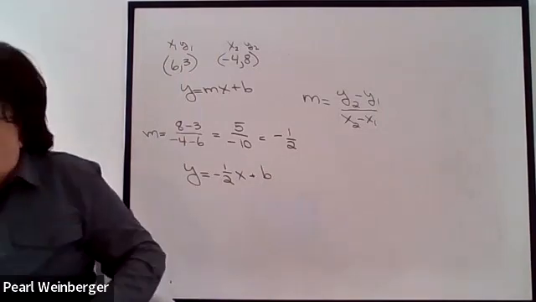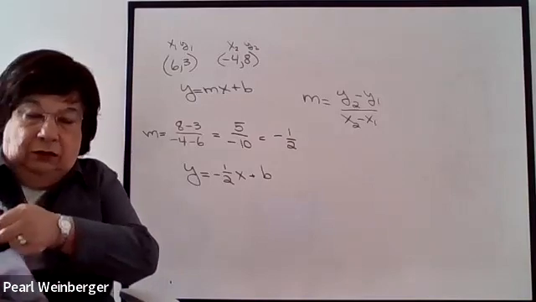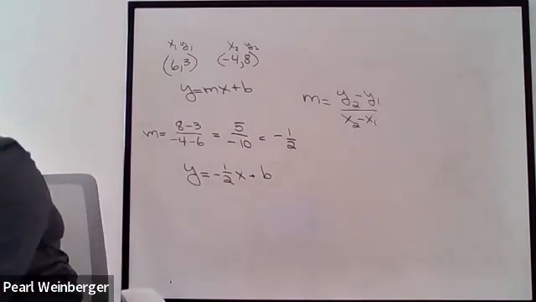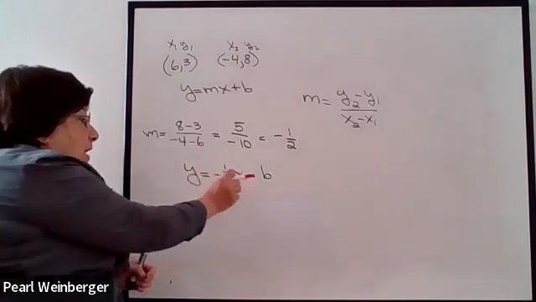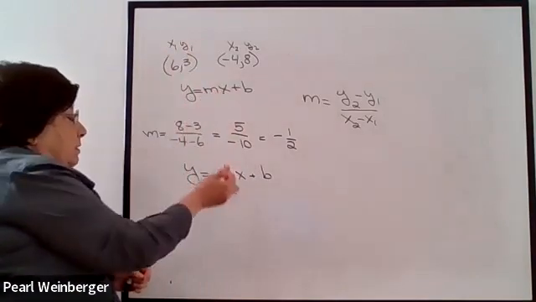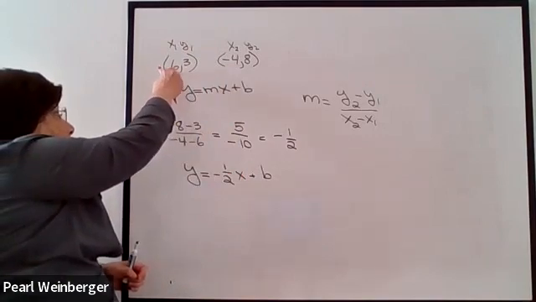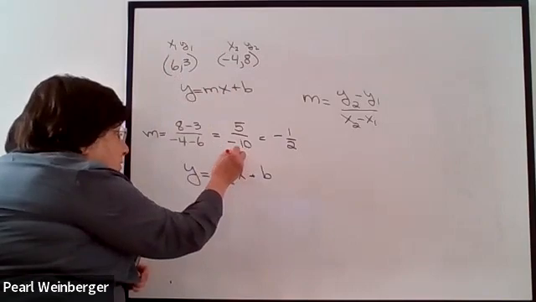I'm going to replace the x over here. I'm going to take the first point. They're both positive. They look easy. And I'm going to replace the x. Remember, the first number is the x, with 6.